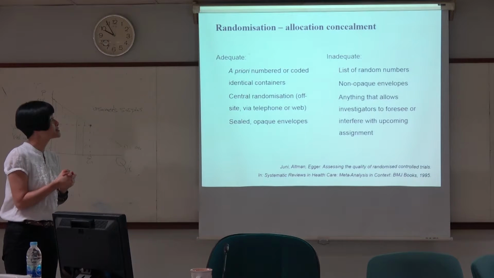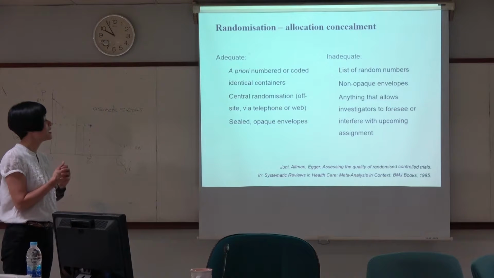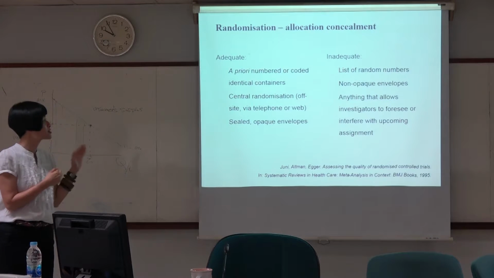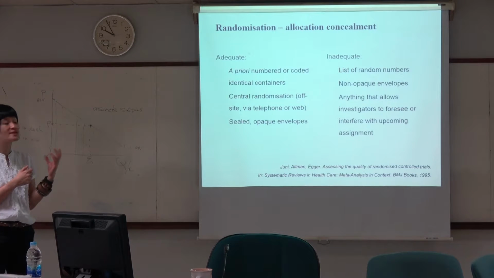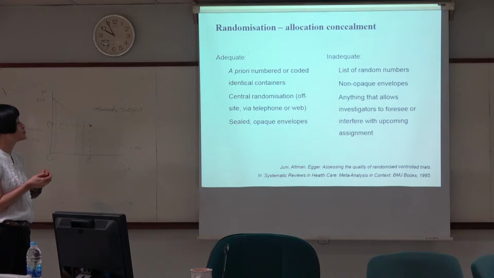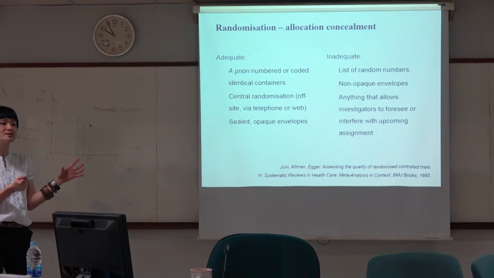So randomization and allocation concealment. It is considered adequate if it uses a priori numbered or coded identical containers, central randomization done off-site, or sealed opaque envelopes, so that even the person who's allocating the treatment does not know which arm the patient is being randomized to.